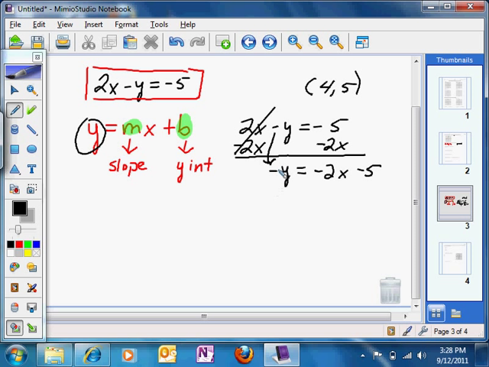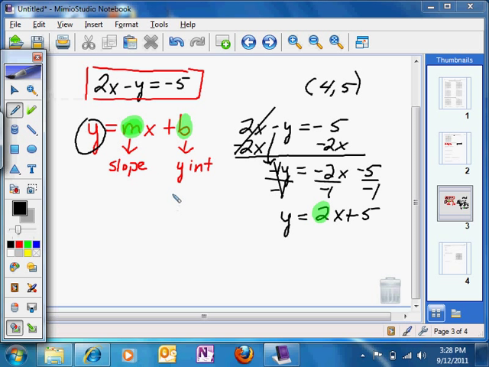That's just like a minus 1 out there, so I need to divide by negative 1 everywhere over here too, because we can't have a negative y. So we have y equals 2x plus 5, because a negative divided by a negative is a positive. Now, my m that I'm looking for is right here. My m is 2.